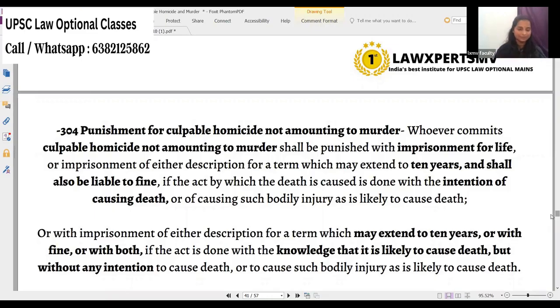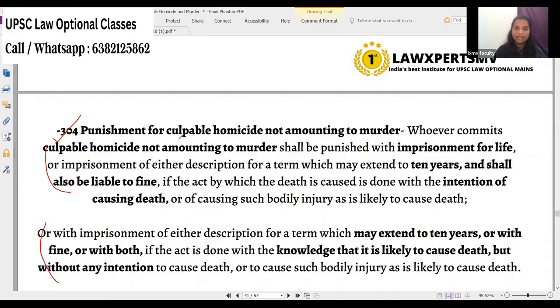Okay, let's see. Culpable homicide is punished under section 304. 304 is again called part 1 of 304 and part 2 of 304. The first paragraph is considered part 1 and the second paragraph is part 2.